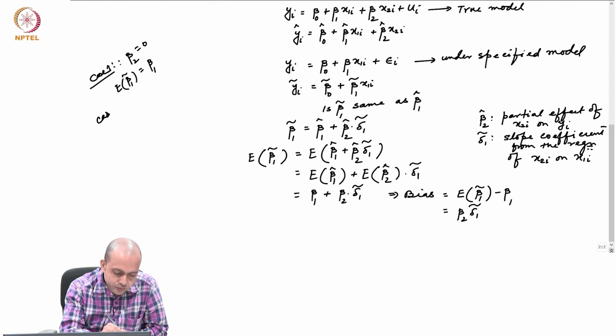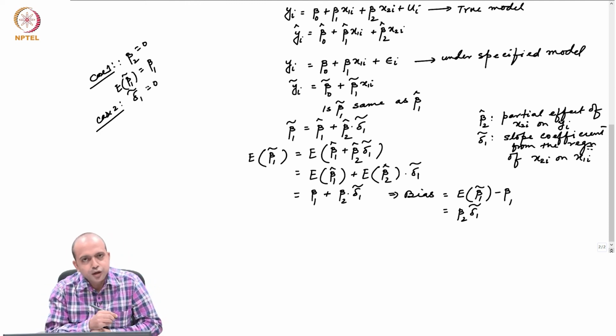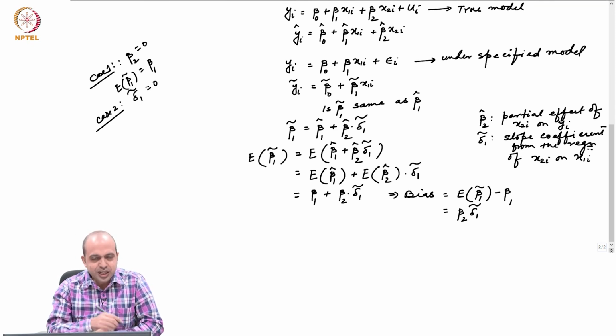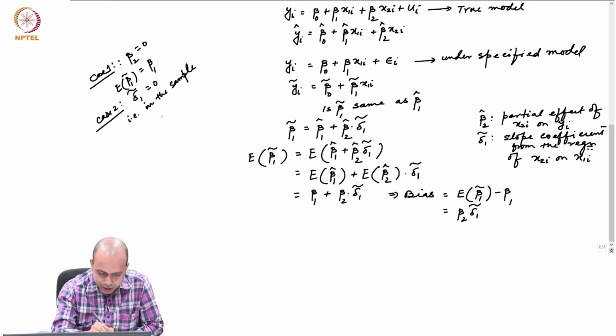Case 2 is important, or interesting. Let us say delta 1 tilde equals 0. What does it mean? That means in the sample, x1i and x2i are uncorrelated.